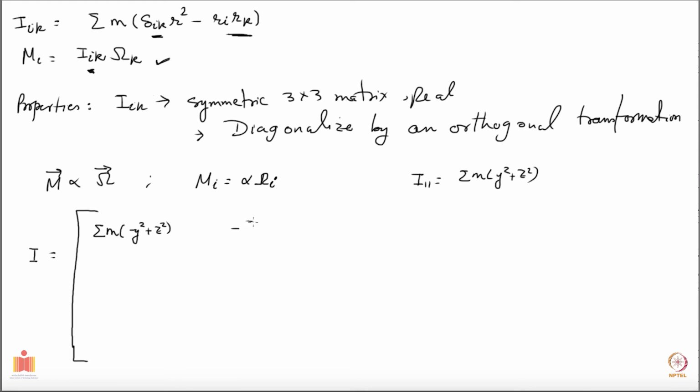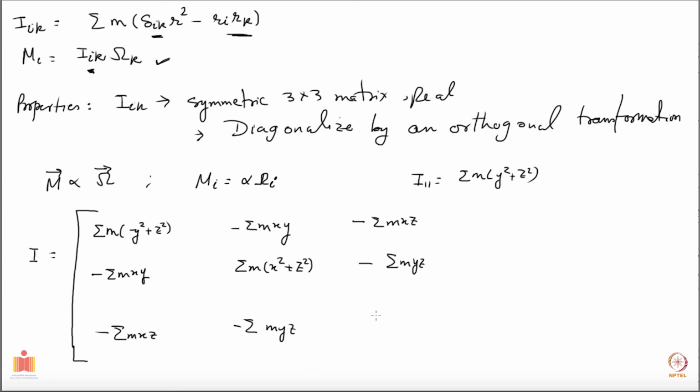And then here you get minus mxz, then you get minus mxy, m times (x squared plus, sorry, z squared), minus myz, xz, yz, and then you have the last entry to be m times (x squared plus y squared). Good.